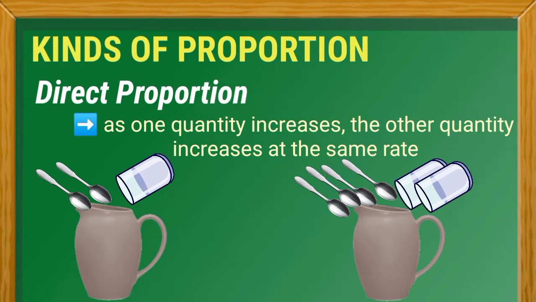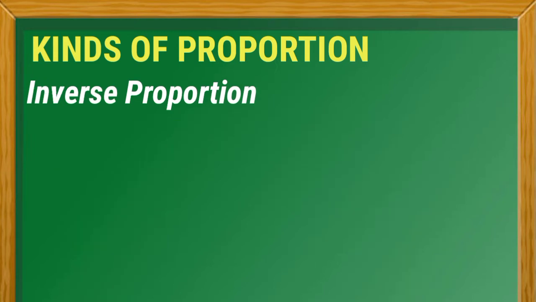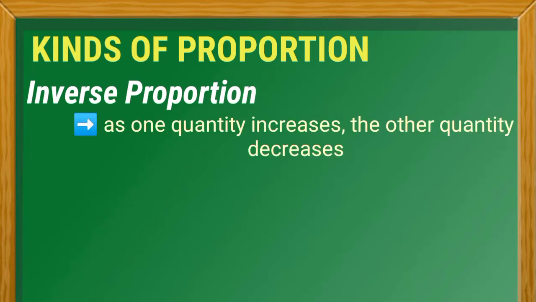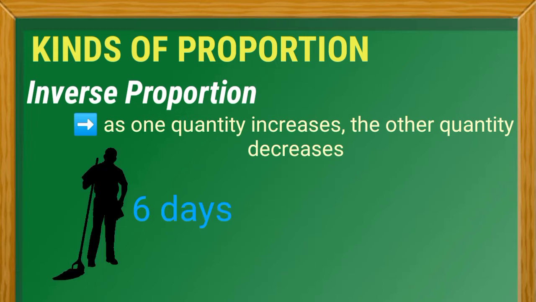We have another kind, inverse proportion. As one quantity increases, the other quantity decreases. Inverse proportion can also be called indirect proportion. Example: it takes 6 days for one person to clean the whole ground.